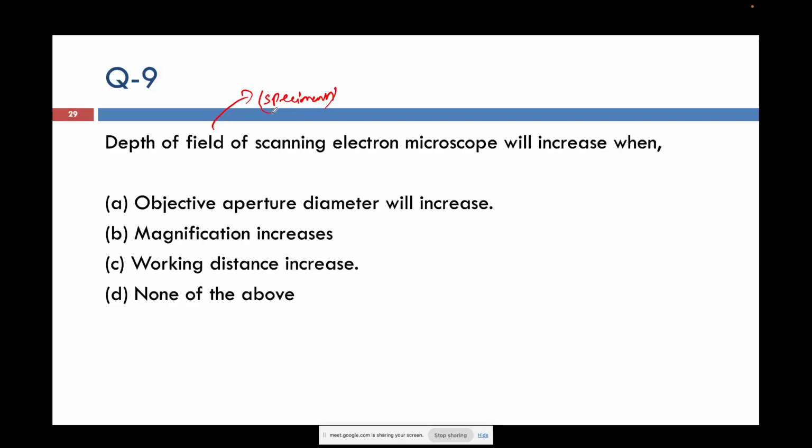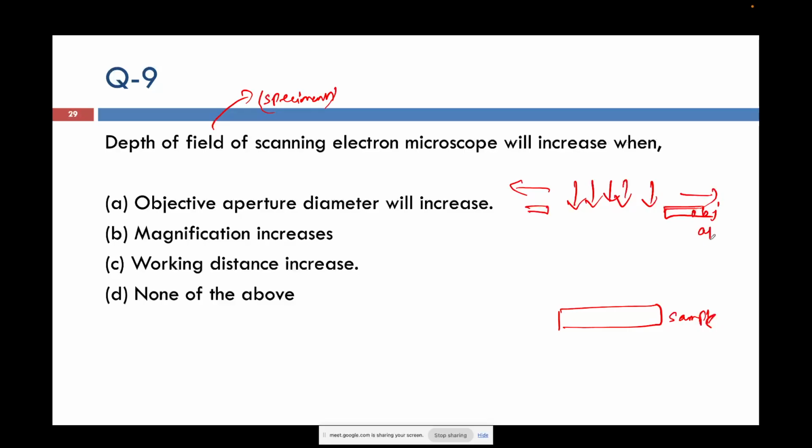So here I'll tell you, the objective aperture diameter will increase. What happens when the objective aperture diameter is increasing? That means we are allowing more and more of the incident electron beam to fall on our sample. Let's say this is my sample, and this is the objective aperture.